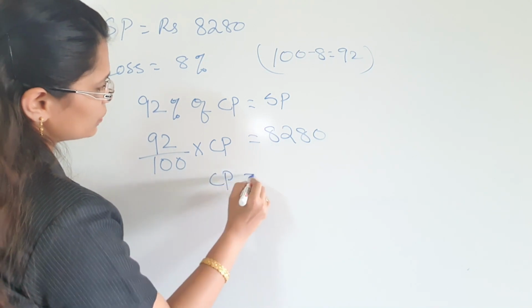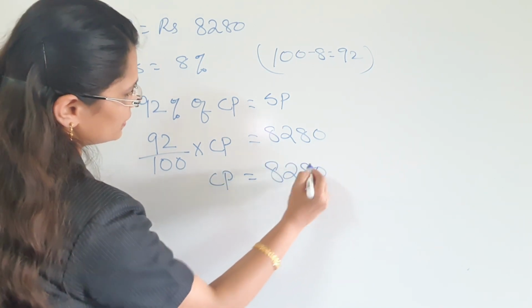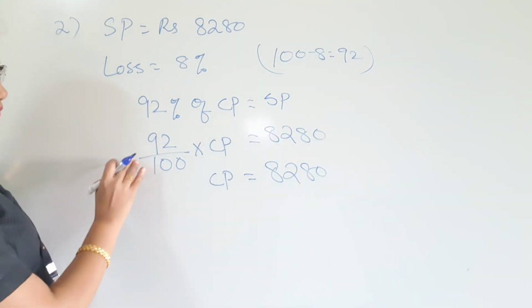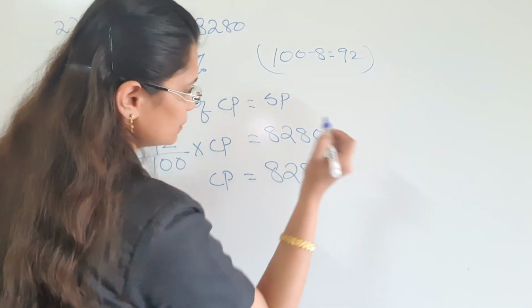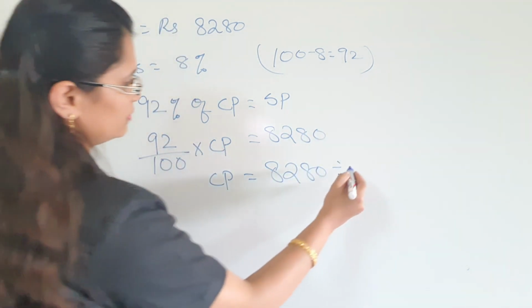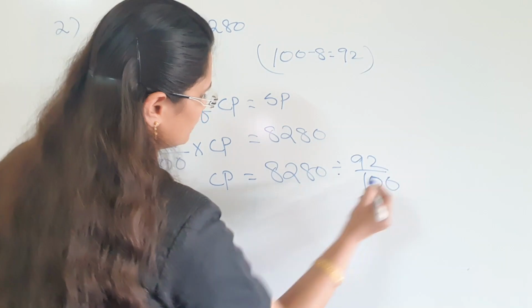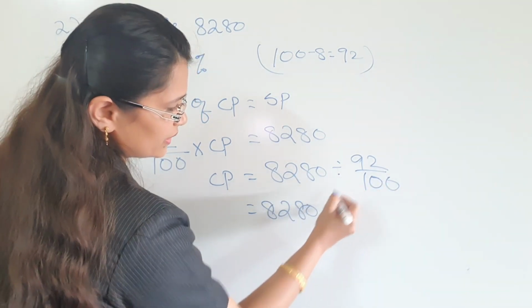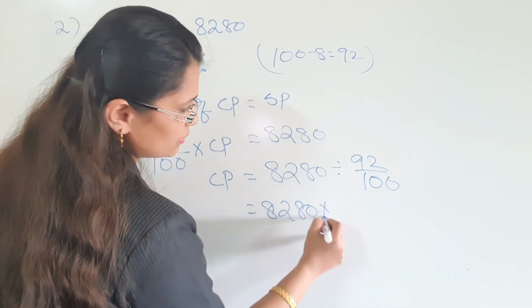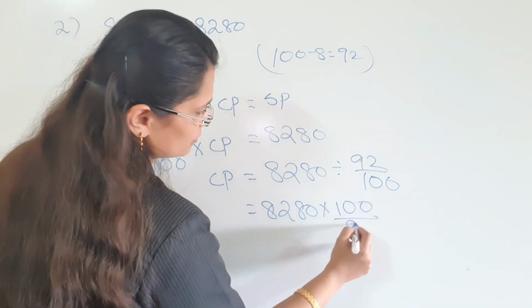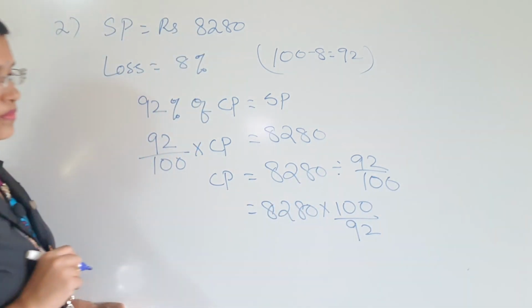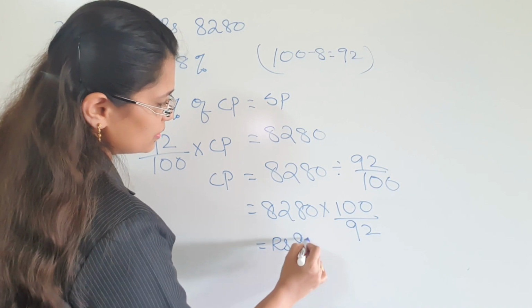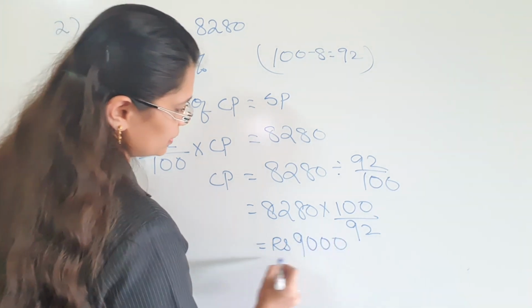So CP is equal to 8280. Then change this complete term to right side. So this multiplication goes to division. 92 by 100. How to divide a fraction? Take the reciprocal and then multiply. Is equal to rupees 9000.